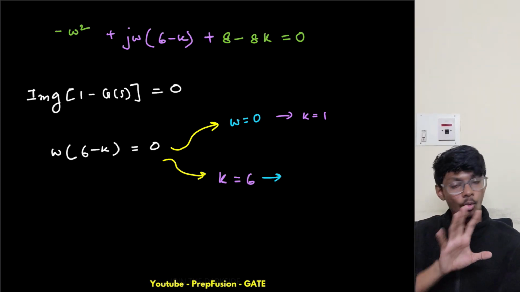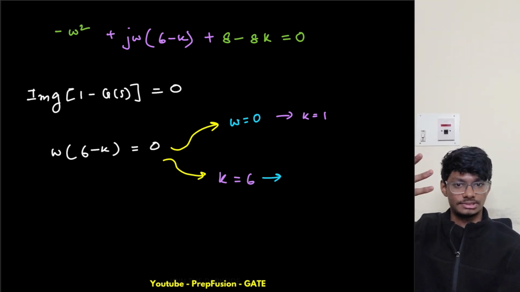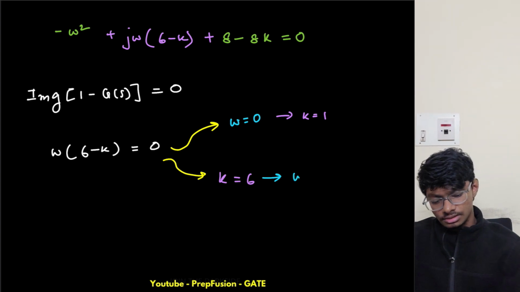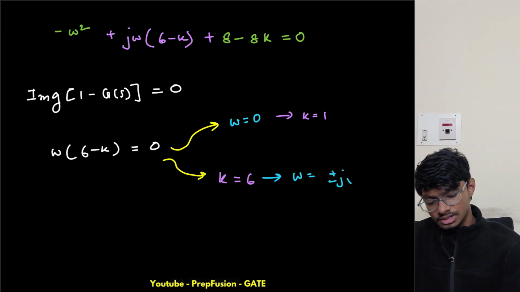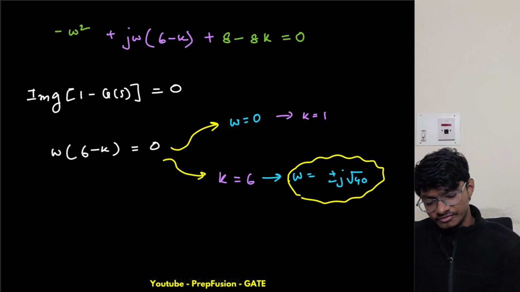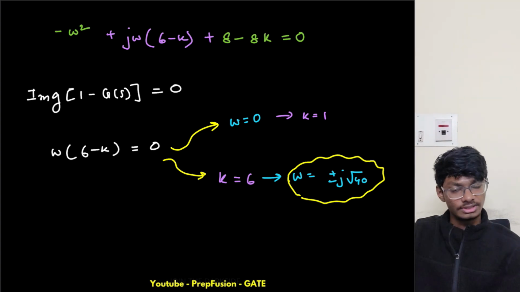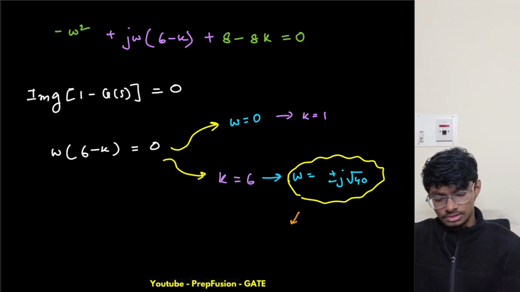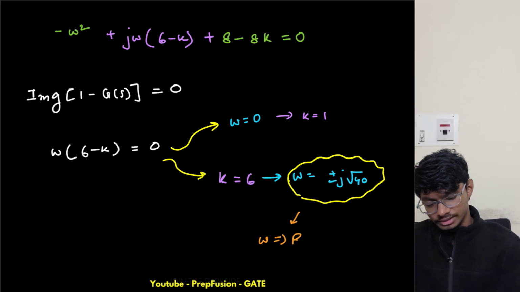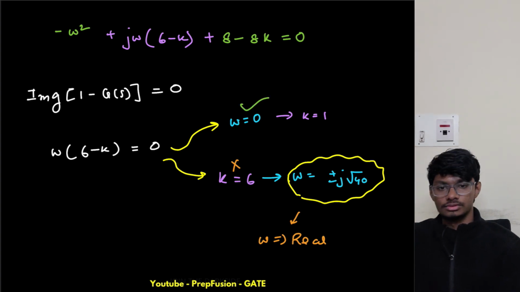S is imaginary, since s equals j omega, but omega should be real, because frequency should be real. Hence we ignore this solution and accept the other.